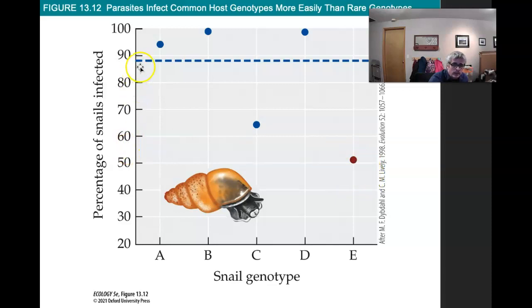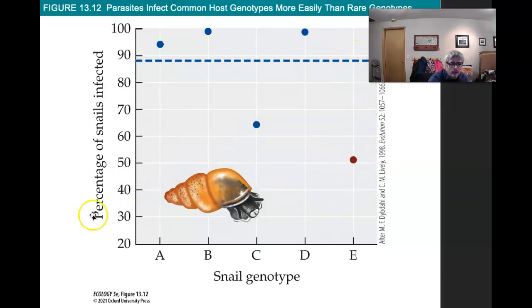The percentage of snails infected, particularly for these genotypes, this one's a bit harder to explain away, but nonetheless it is higher than the red. So for these genotypes, they're much more likely to be infected by the parasite compared to the red one. So the idea is that if the parasites are attacking the more common genotype, eventually this genotype will decline and this genotype will increase.